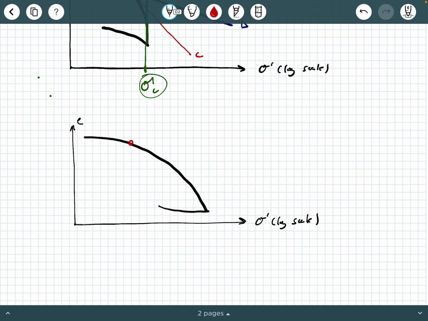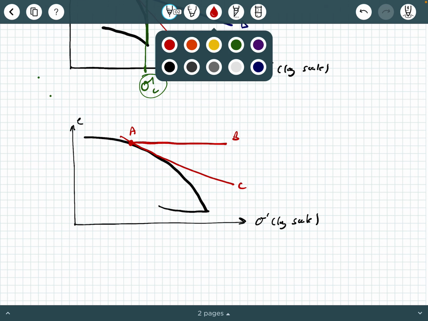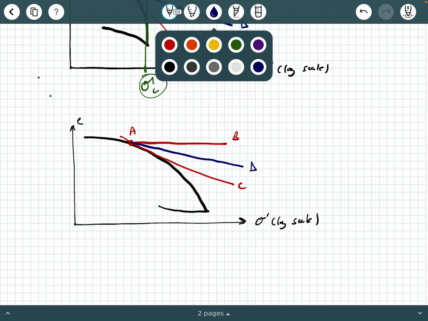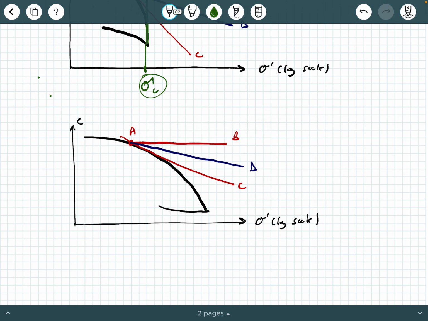So maximum curvature would be about right here, here's line AB, and then we draw a tangent line here. That's line AC, and then we have not a perpendicular bisector, a regular bisector, AD. Then here we project the straight line portion of the tail of the loading curve back up, and where it intersects that bisector, that's F, and so you go straight down, and here's sigma prime C.